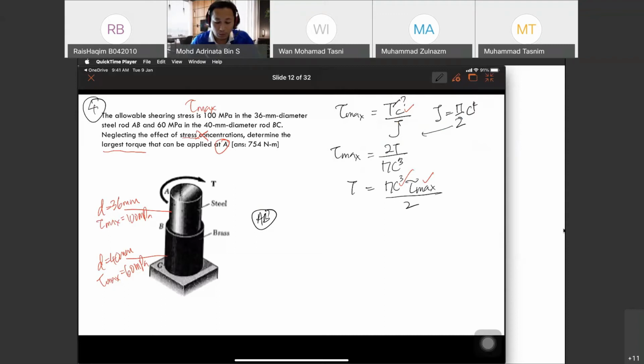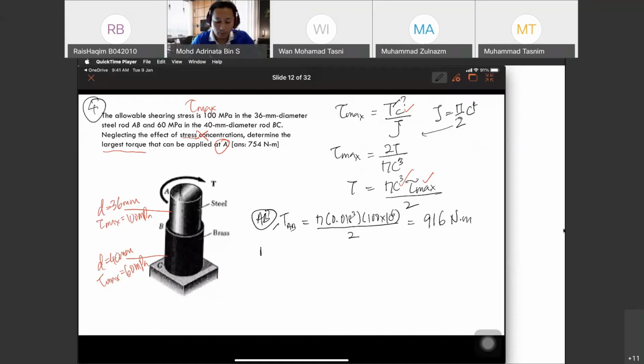So untuk TAB is equals to pi C 36 bahagi 2. Okay. Ingat, C adalah radius. So 36 kena bahagi 2. 0.018 to the power of 3. Tau maksimum 100 megapascal divide by 2. Okay. So calculate and then you get your answer 916 Newton meter.